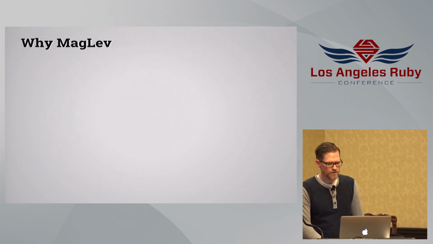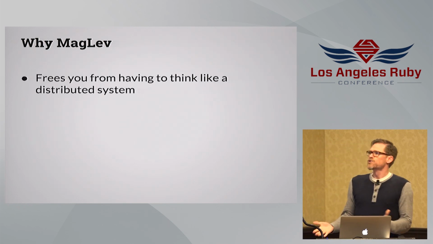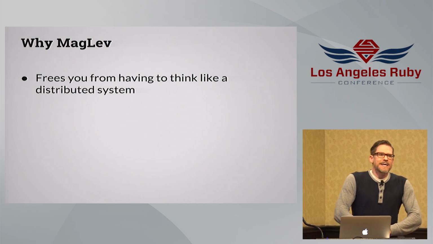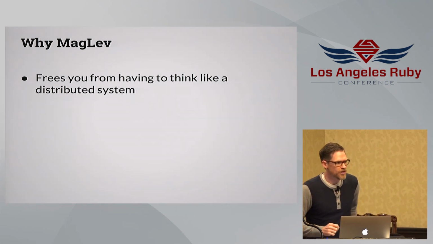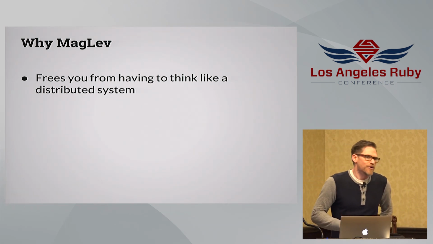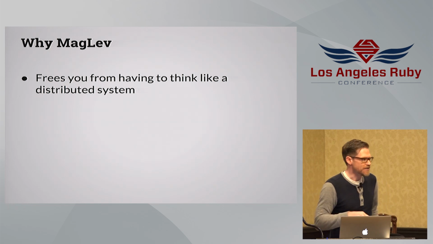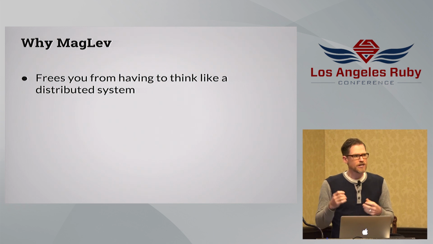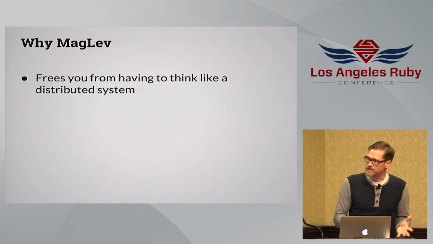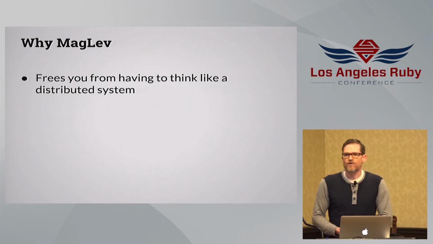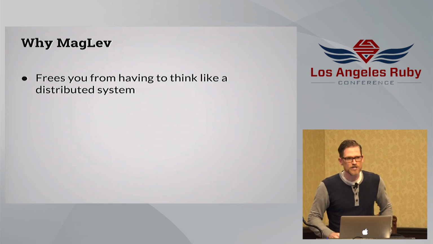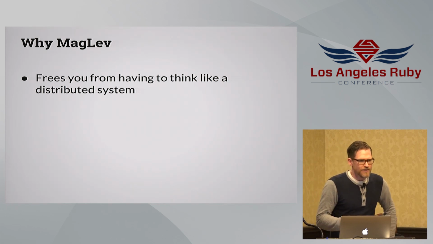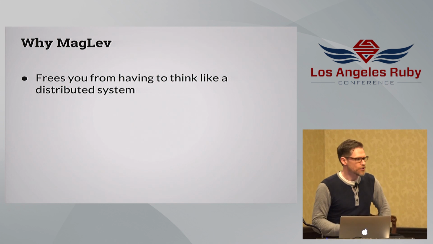And just a quick blurb on why you'd want to use MagLev. As we've seen in the quote a couple times, we're the masters, computers are slaves. There's a big focus on writing code and software for people, not for machines. One of the things that MagLev allows you to do is free you from having to think like a distributed system or think like a computer.